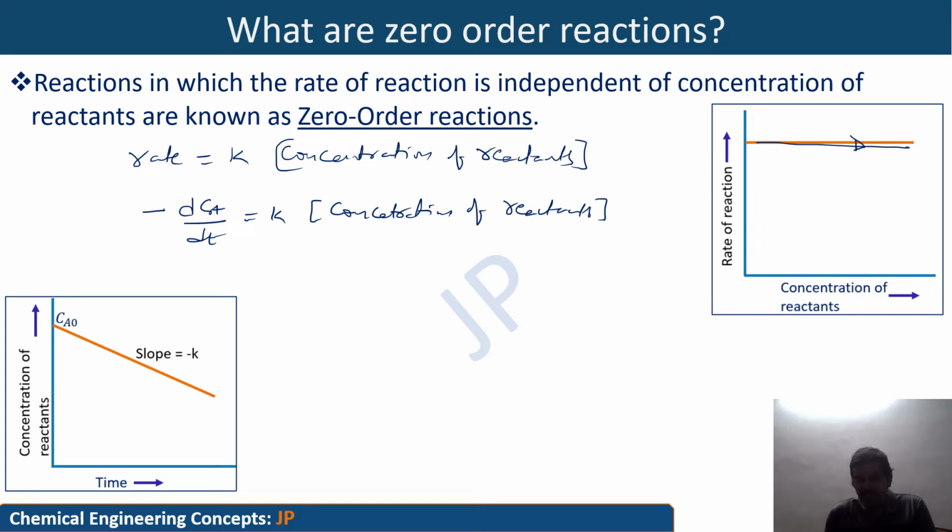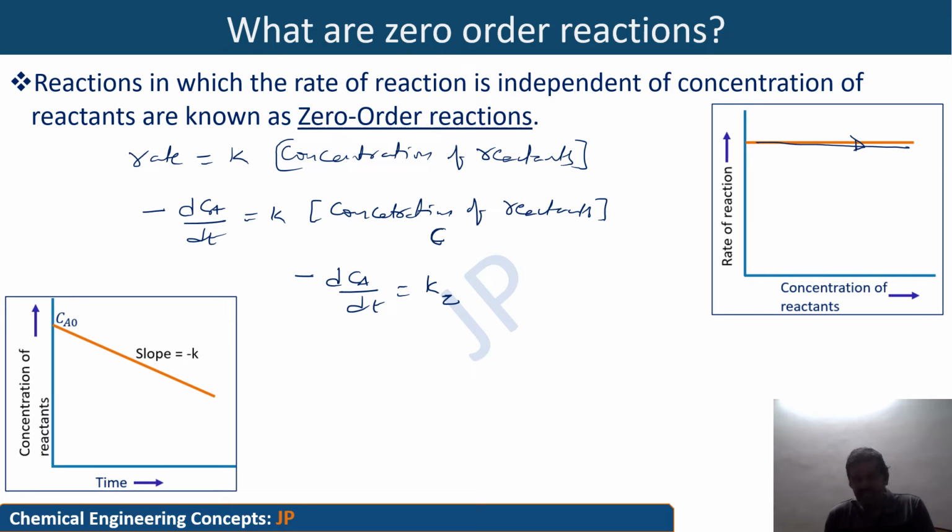Let us assume this is some constant C, and the multiplication of this constant C and the rate constant is going to be one more constant. Let me write it as minus dCA by dt equals K suffix Z, the rate constant for zero order reactions.